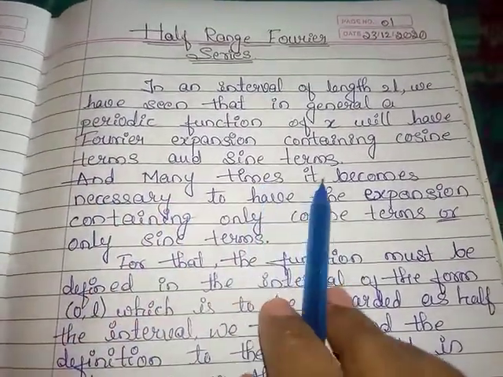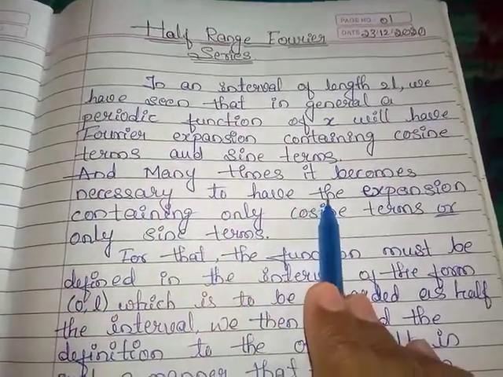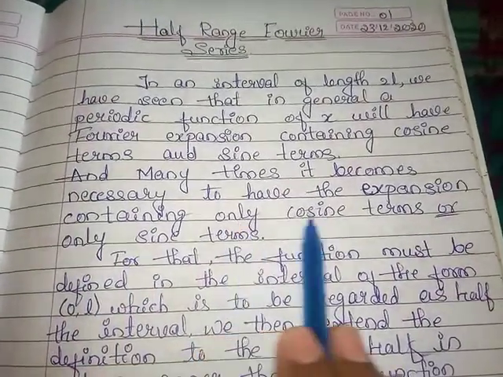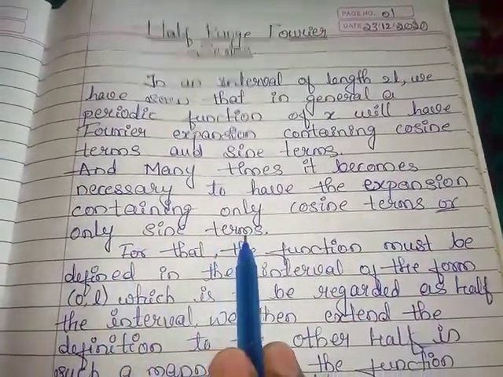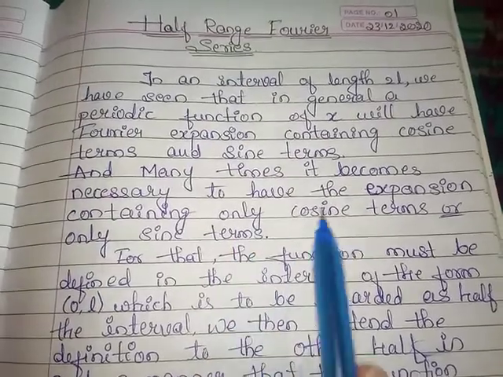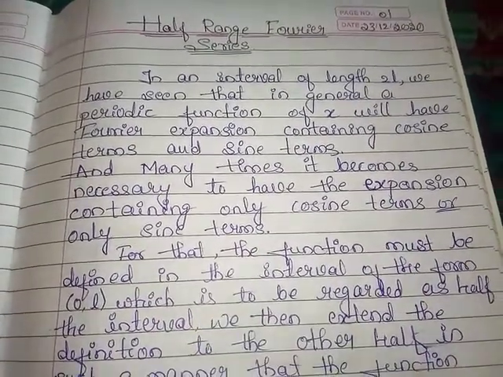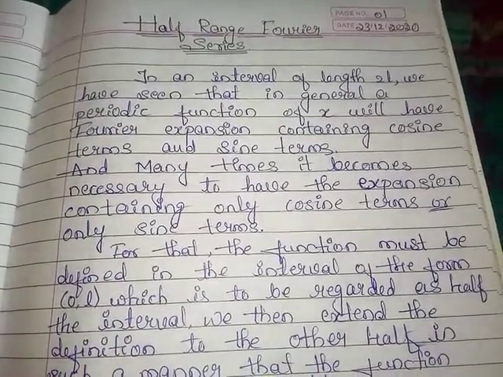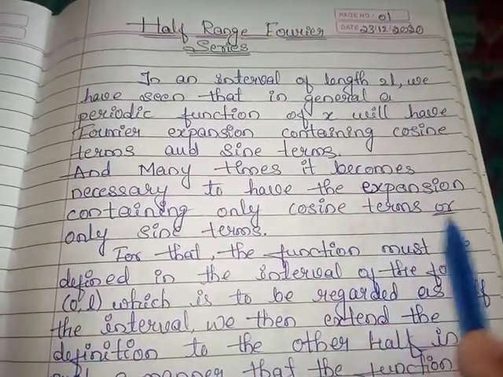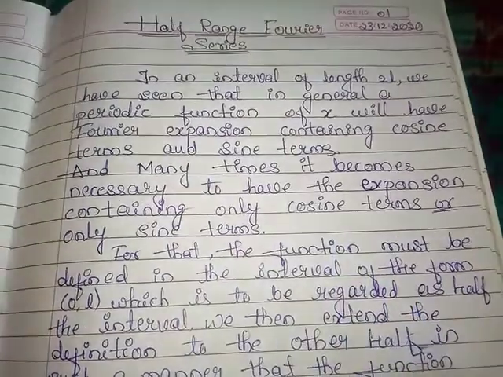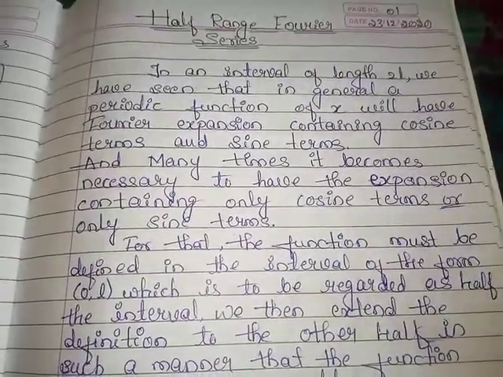And many times it becomes necessary to have the expansion containing only sine terms or only cosine terms. Means sometimes we need to apply the expansions which have only cosine terms or sine terms on the basis of the given example.